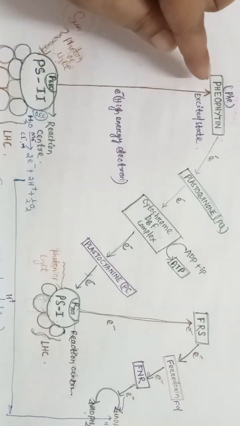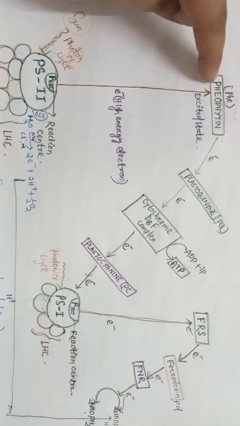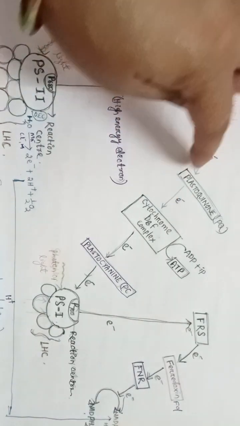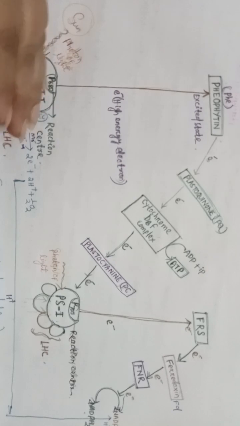Of the flow of electron, high energy electron to low, low to high.